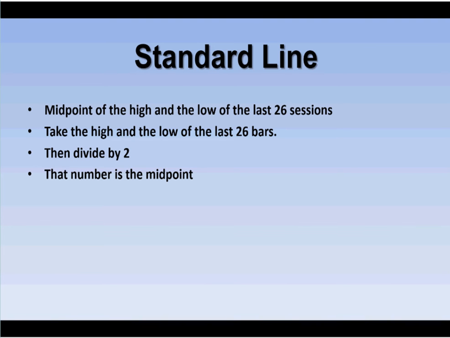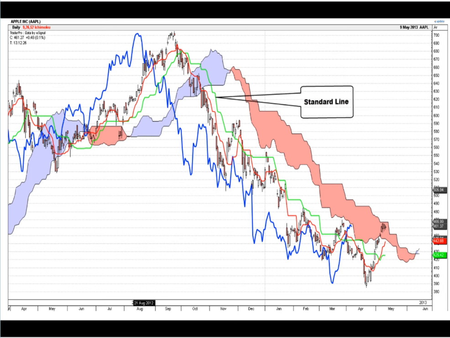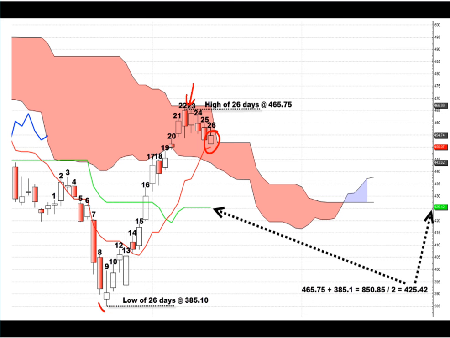That number will be your midpoint. So here's how that's done. You're going to take today's price action right there, count back 26 bars, find the low, find the high, add the low and the high, divide that by 2. That number is going to give you 425.42. It's going to show you right there on your platform.